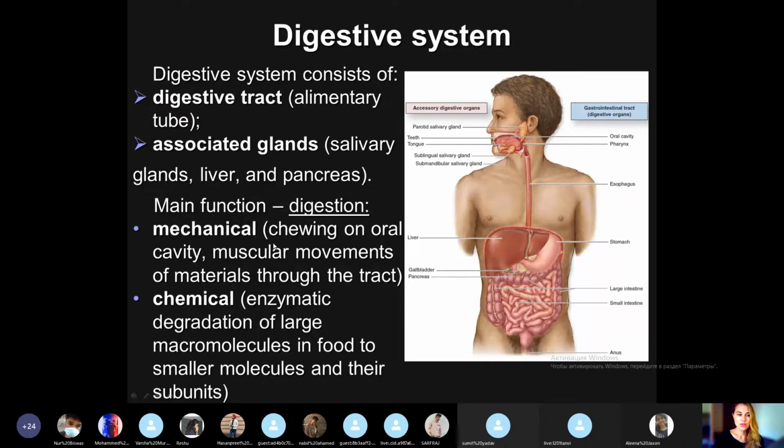It is chewing by the teeth and movements of the tongue, and it continues in the next parts of the digestive or alimentary canal, such as peristaltic waves, which are a result of the muscular contractions of the digestive tube organs. And chemical digestion is a result of the influence of the digestive enzymes. It is the influence of the chemicals that provide splitting of the macromolecules into monomers.